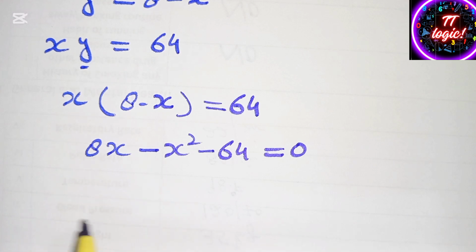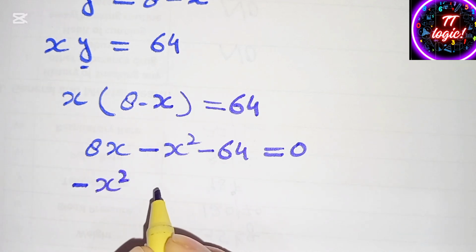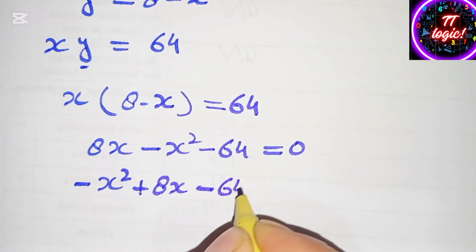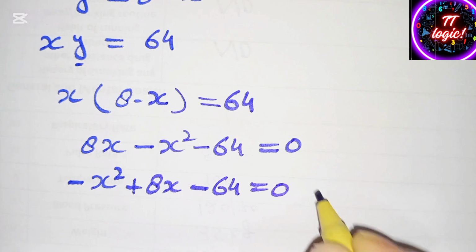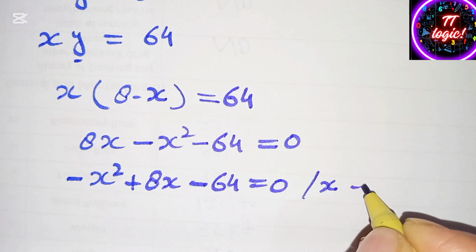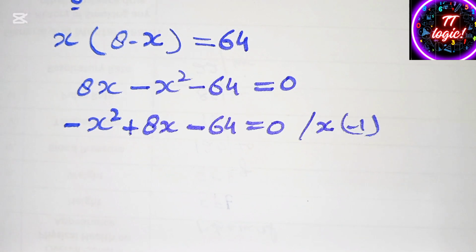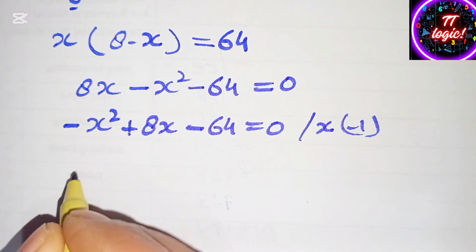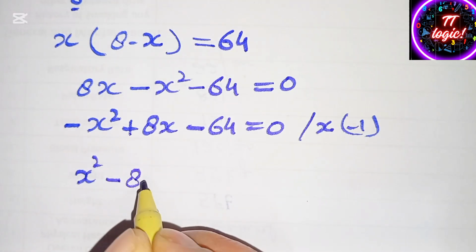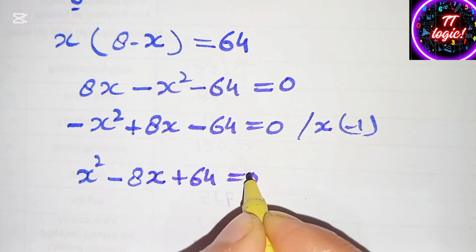So here minus x square, plus 8x minus 64 is equal to 0, and multiplying by minus 1, x square minus 8x plus 64 is equal to 0.